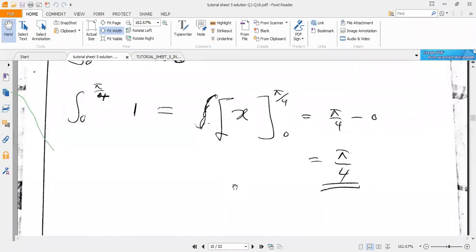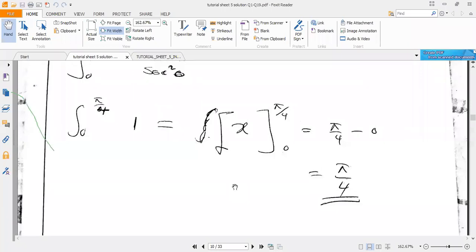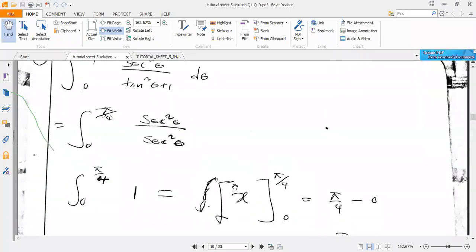Sir, repeat the question again. Is it not tan squared theta equal to sec squared theta? Why did you take the one? Tan squared theta plus 1 is equal to sec squared theta, not the other way around.